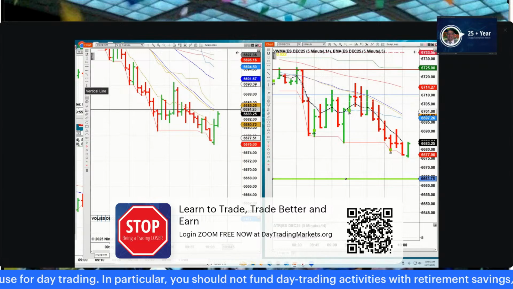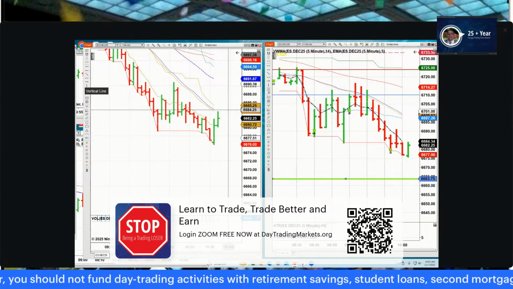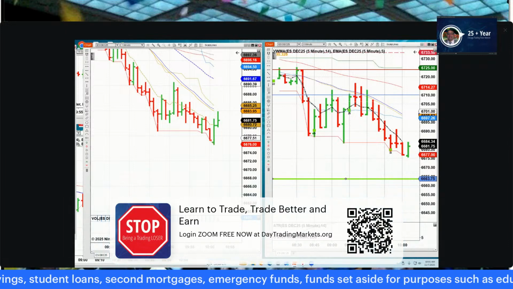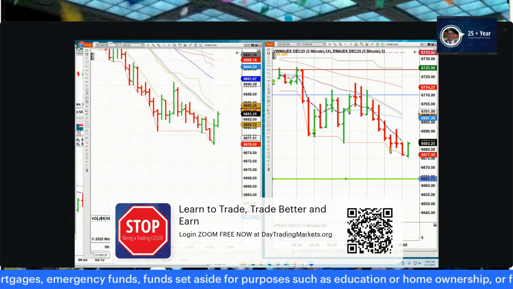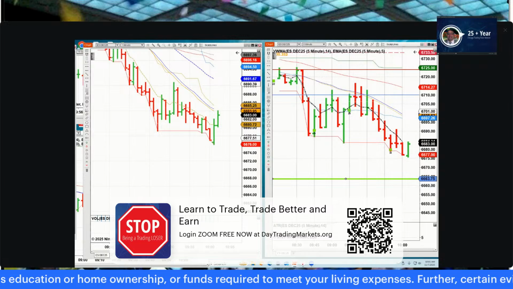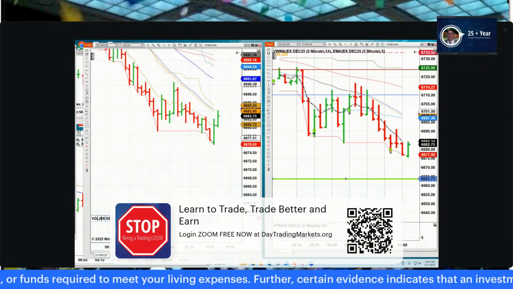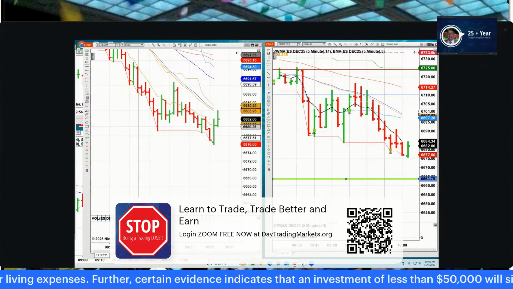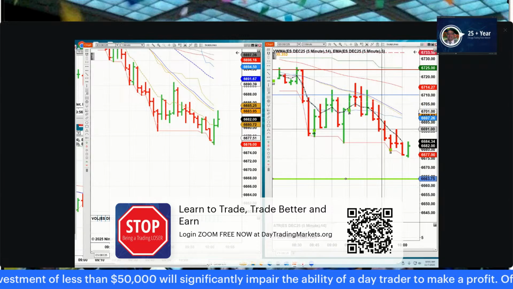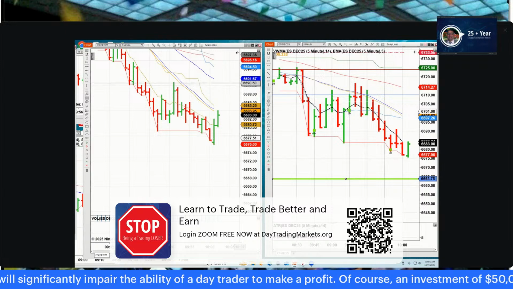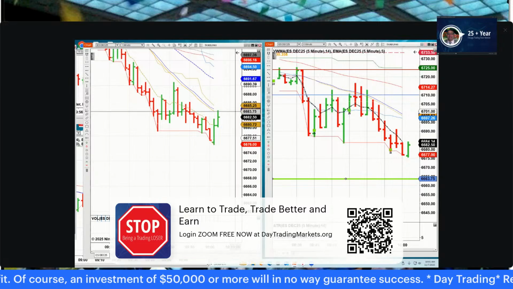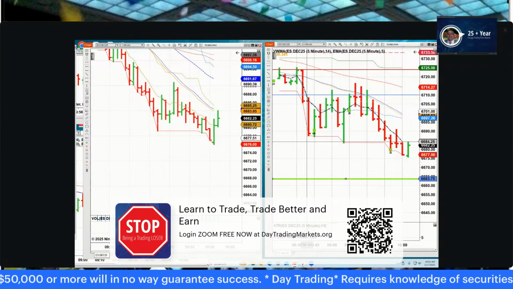There's some resistance back up here. Got this 84. The 85 area is where we were sitting in there this morning.